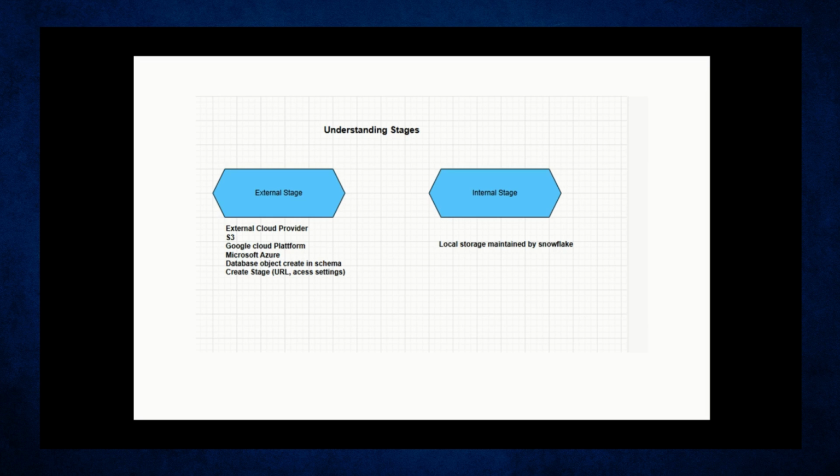It contains the location from where we load the data. This can be, for example, an AWS bucket, and in the stage object we just store the location where your data is present.